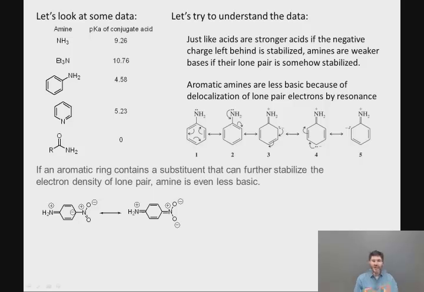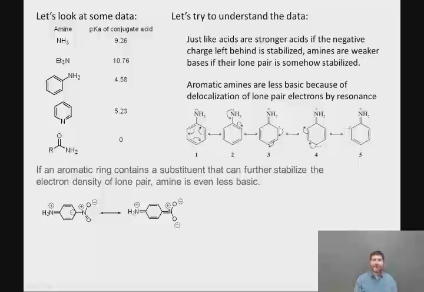Furthermore, if the aromatic ring contains a substituent that can further stabilize the electron density on the lone pair by the addition of another resonance structure, the amine is even less basic.